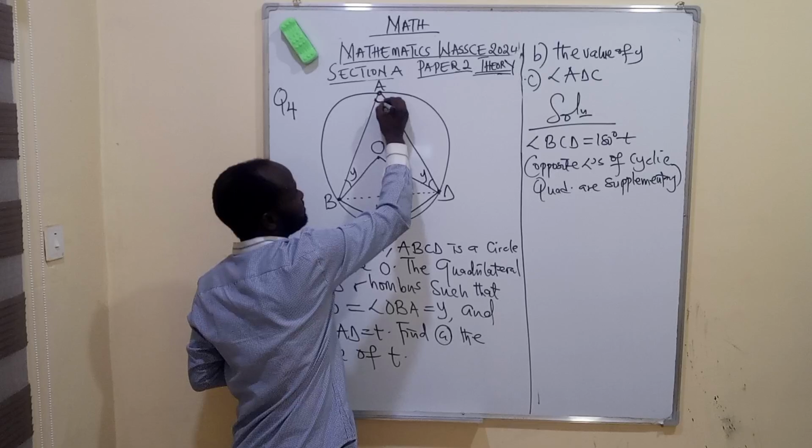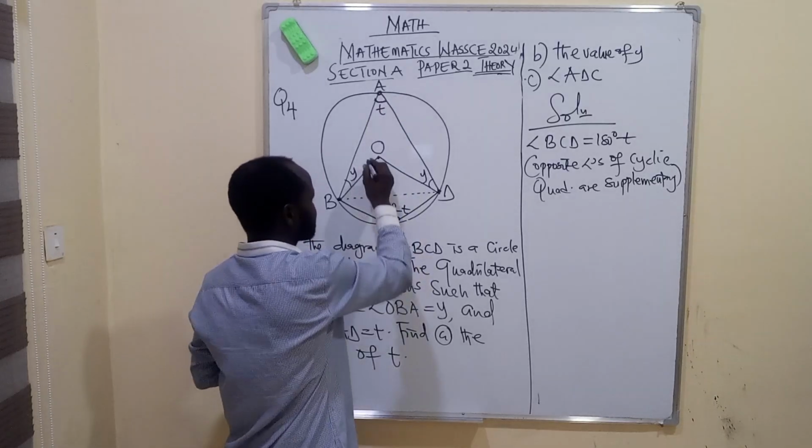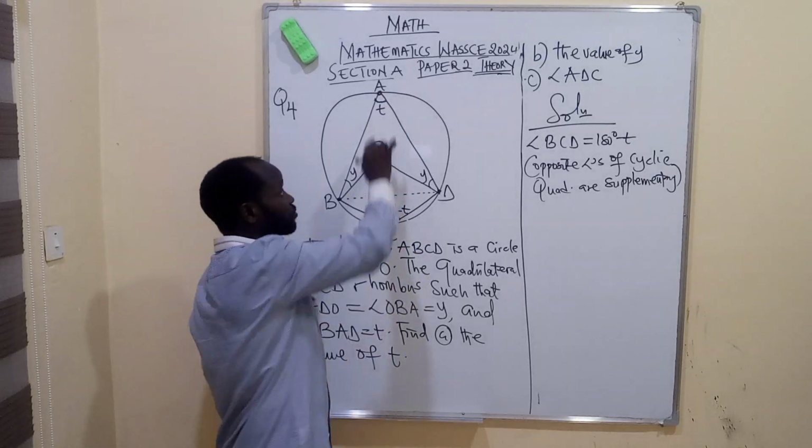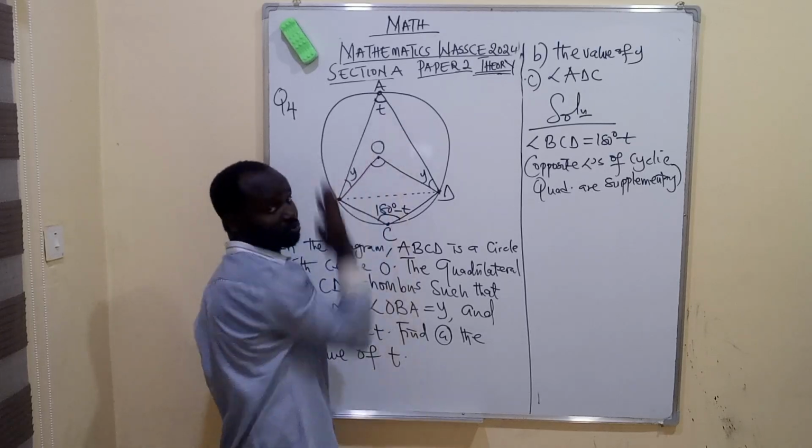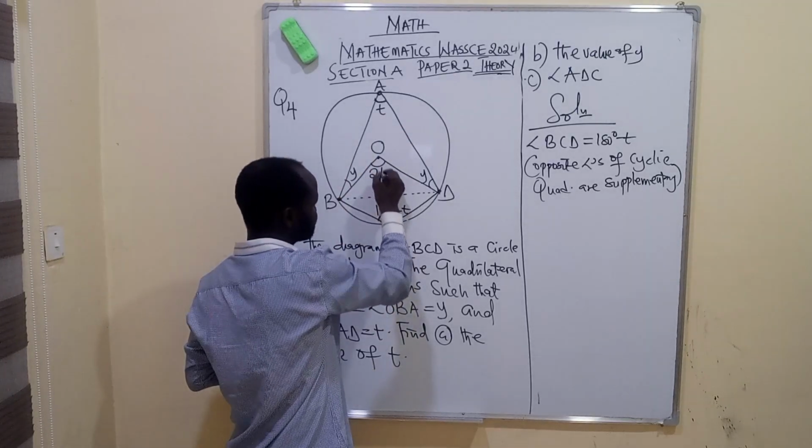Again, we have an angle at the circumference here. The angle at the center here will be twice this angle at the circumference. This is one of the theorems. So here will be 2T.